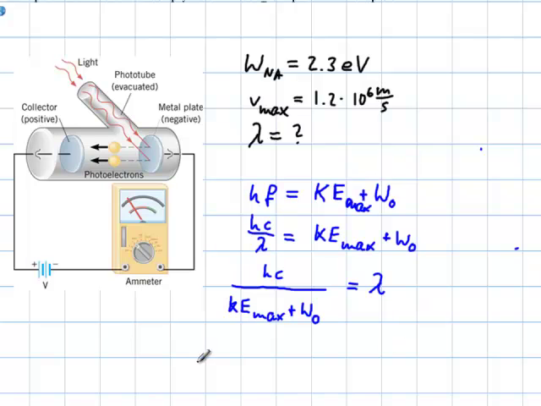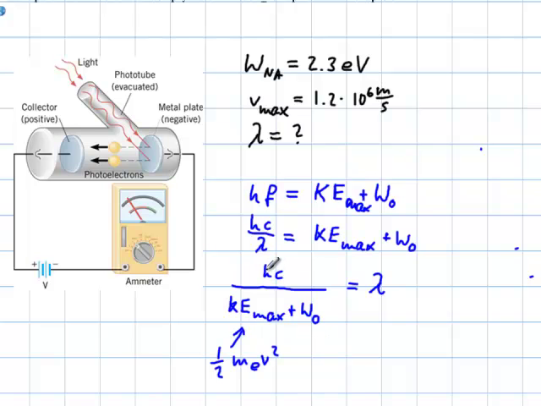Okay, there we go. And of course the kinetic energy is 1/2 times the mass times velocity squared, and here of course it's the mass of the electron. There you go. Okay, and then it's just a matter of plugging in numbers.